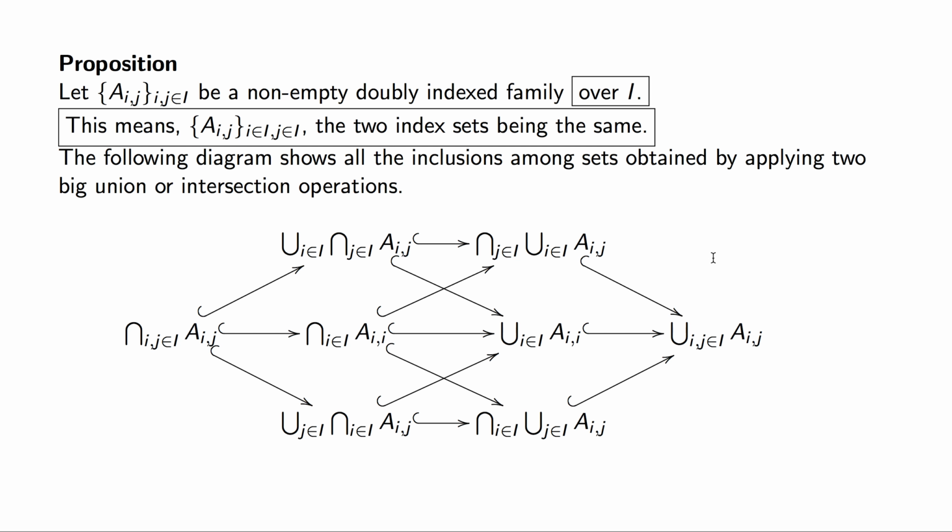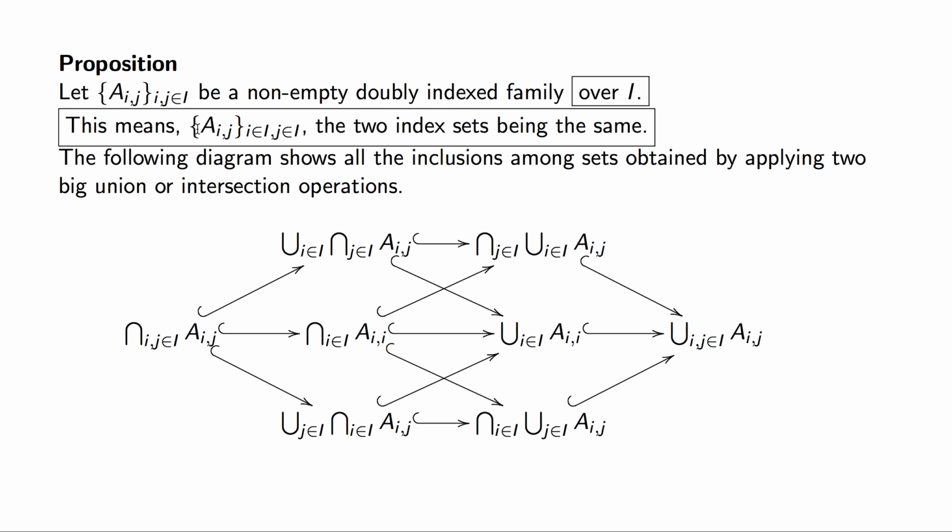In this proposition, I'm considering a doubly indexed family where both index sets are the same. I ranges over capital I and little j ranges over capital I. So this is stated here.